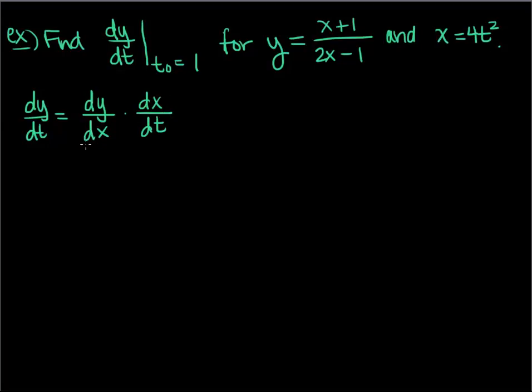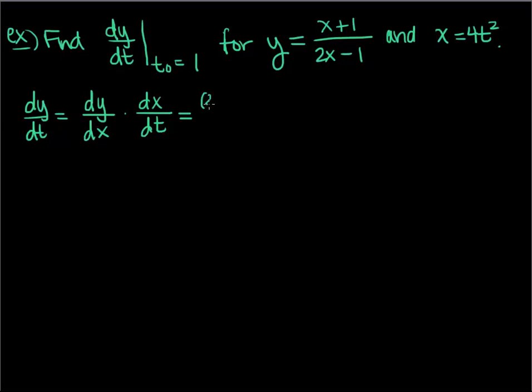And if you notice, these dx's kind of cancel out. They don't actually cancel out. These are what we call differentials in calculus. So they don't actually cancel out, but what they do for us is they tell us how we're going to evaluate this. And then, of course, I'm going to evaluate it all when t is 1. So let's look at taking this derivative. If I look at y, I'm going to do the quotient rule.